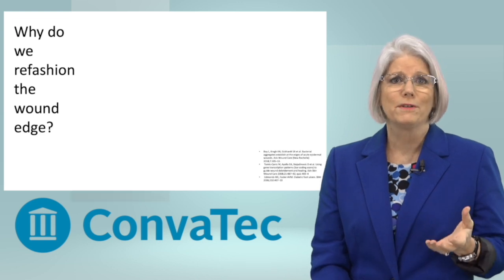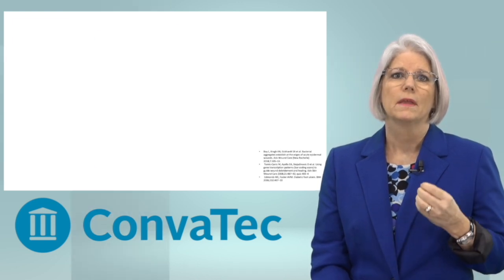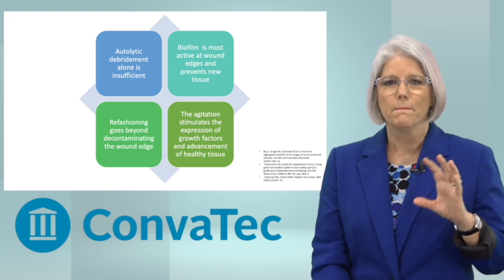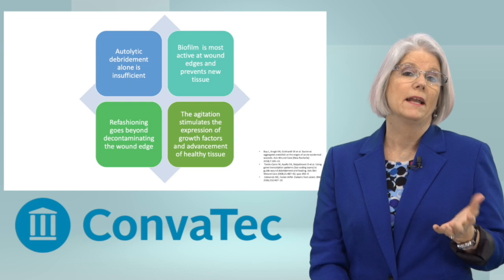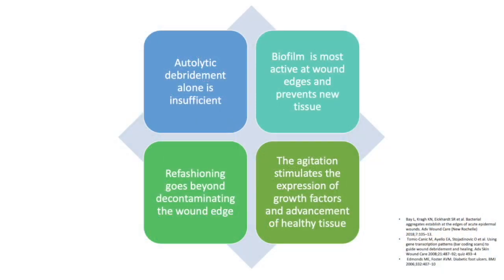So why do we refashion the wound edge? There are lots of reasons, but 4 main components. And that is autolytic debridement is insufficient, really. Anytime that you're dealing with biofilm, it has to be multiple levels of activity or treatment to that wound.